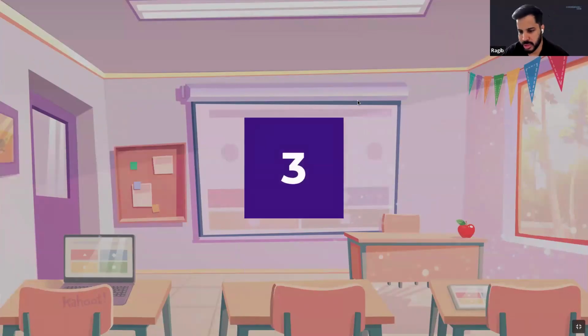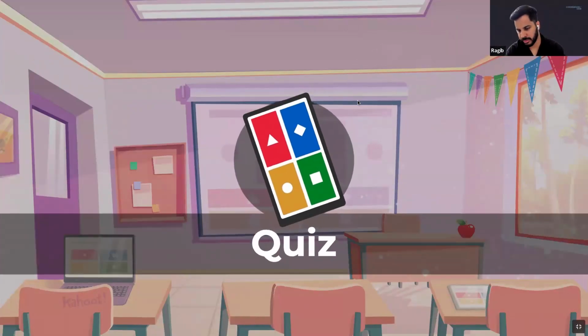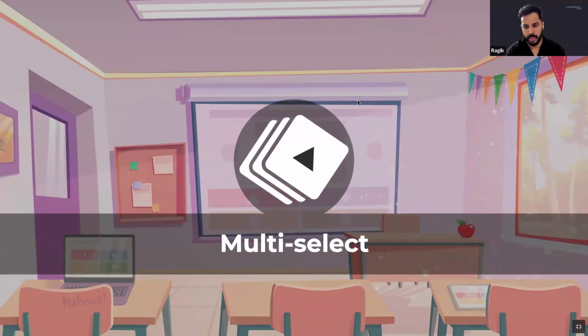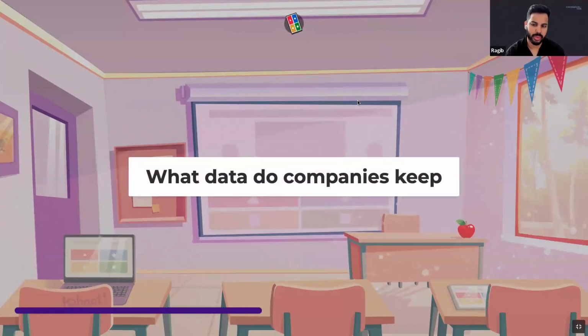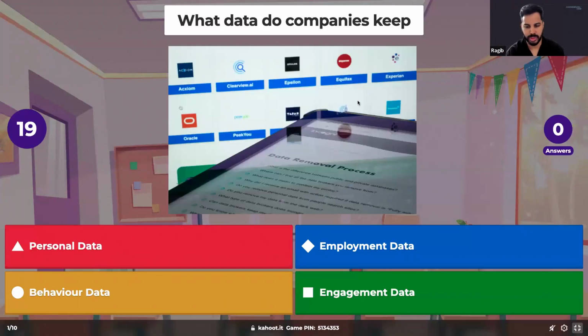Okay, so business security. Let's see what we have. Multi-select: what do companies keep? We got this question earlier.